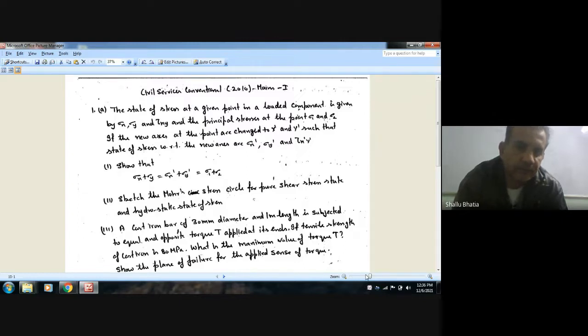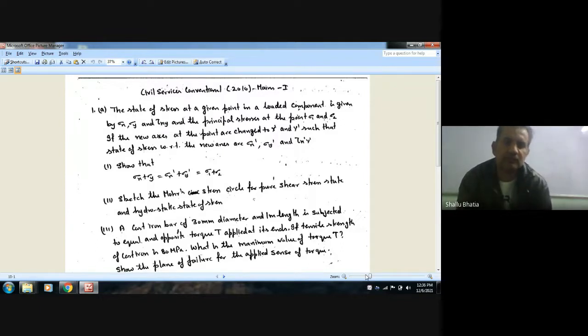If the axes at the point are changed to x dash and y dash, such that the state of stress with respect to the new axes is sigma x dash, sigma y dash, and tau x dash y dash, show that sigma x plus sigma y is equal to sigma x dash plus sigma y dash, which is equal to sigma 1 plus sigma 2.